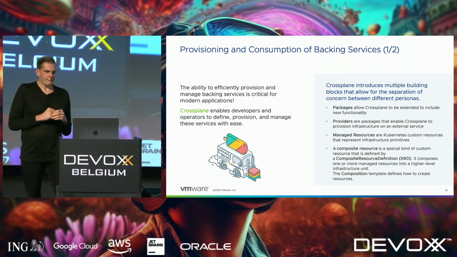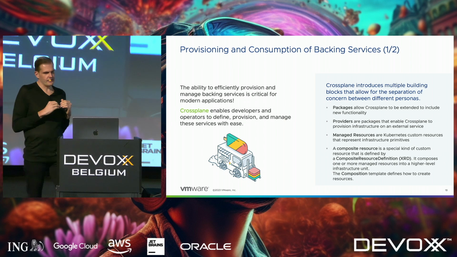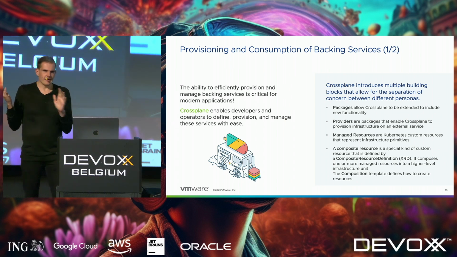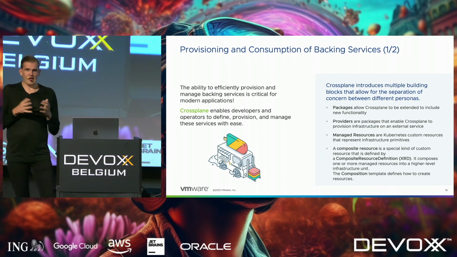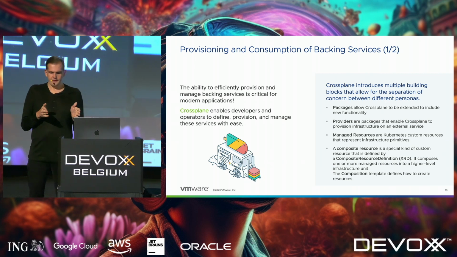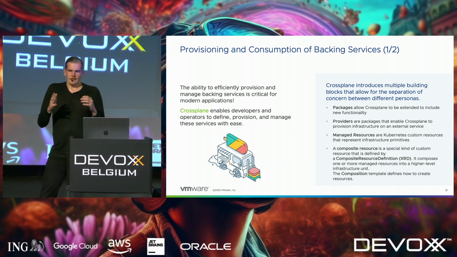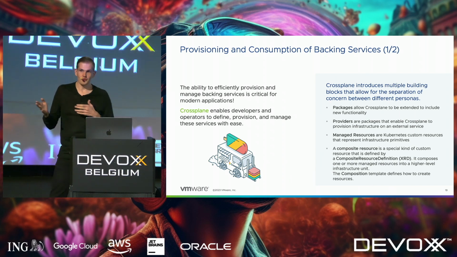And then those providers come with managed resources, which are the Kubernetes native representation of infrastructure components. Like, for example, an RDS service, or if you have a Helm provider, which we'll see in a second, this Helm provider will have, for example, a release as a CRD, because that's how you interact with Helm and install things.